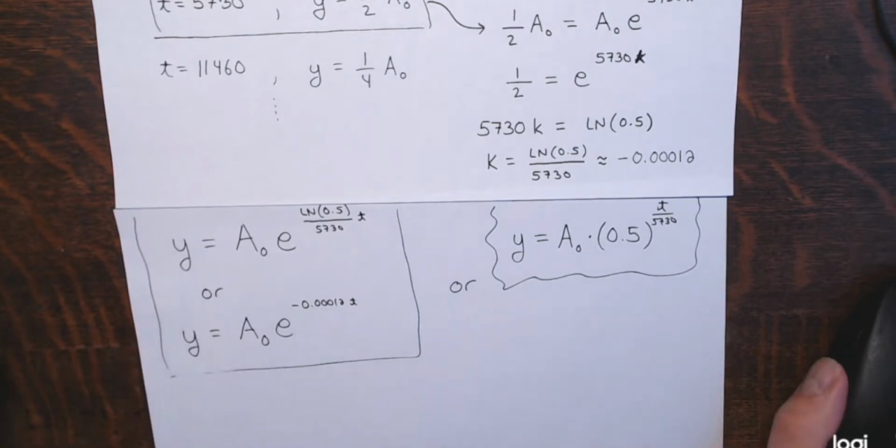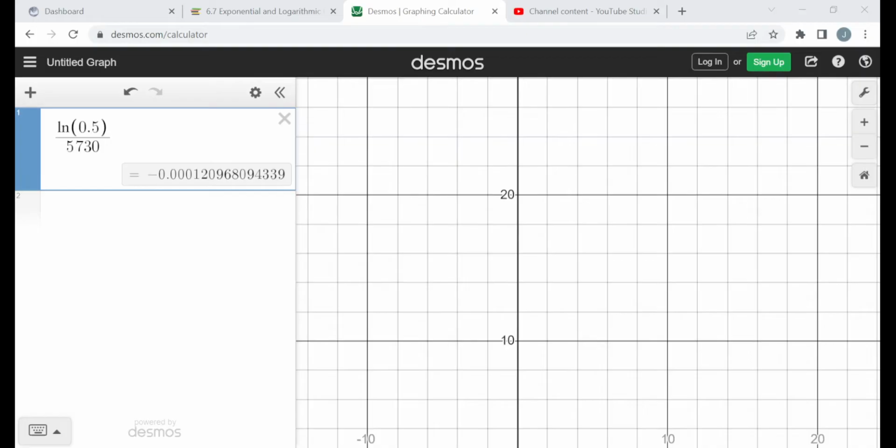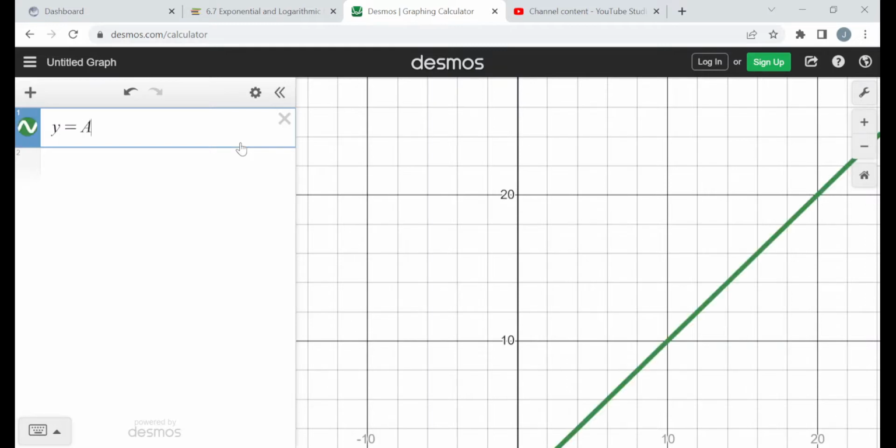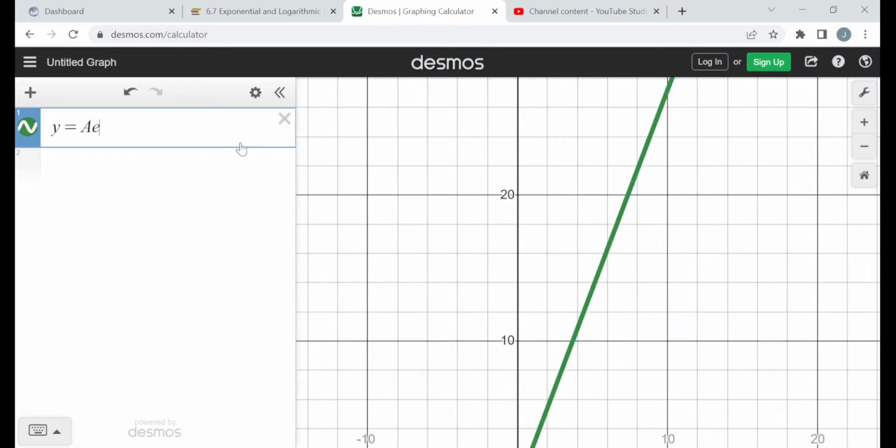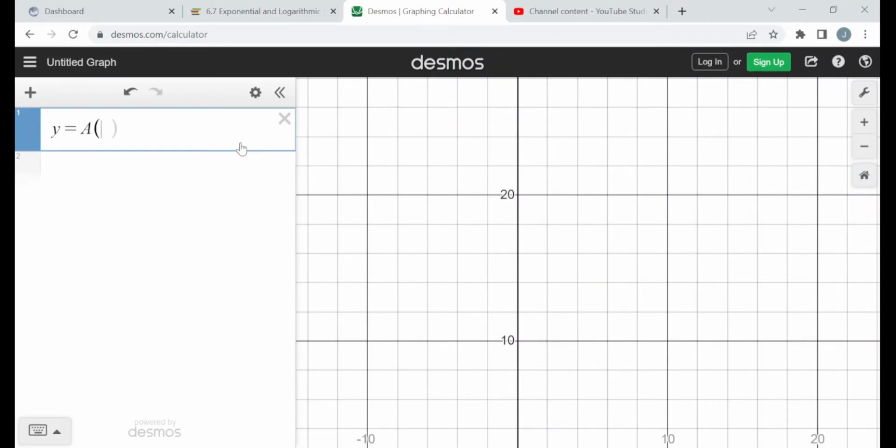Okay, and then we could make a little graph here. I'm going to go back here and put in a value just called capital A, and then they'll probably have me throw a slider in for that. So y equals capital A times, sorry, I'm going to do the one without e.